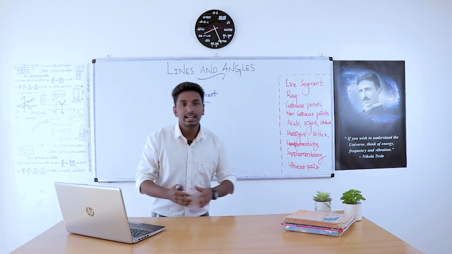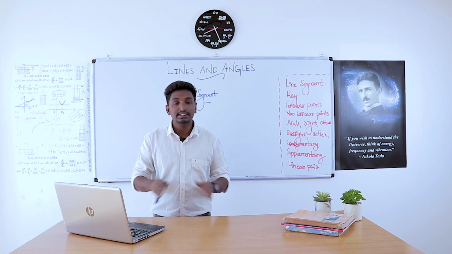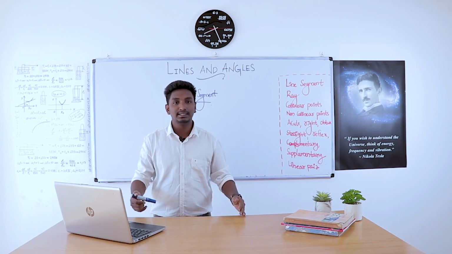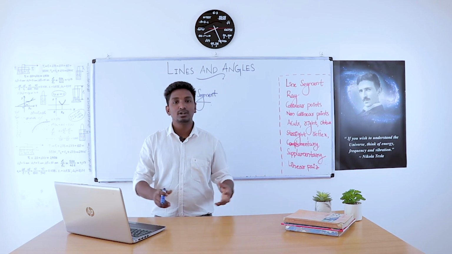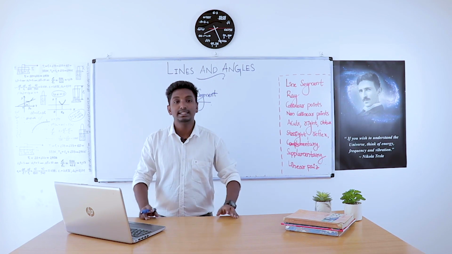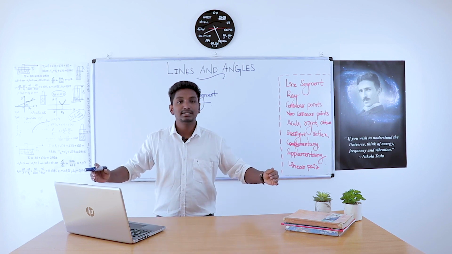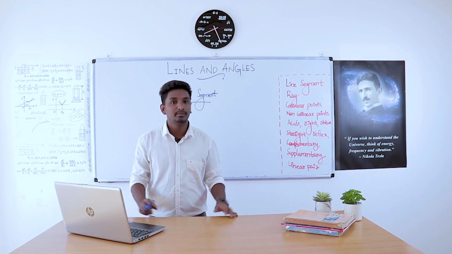You know that a line is a breadthless length of infinite length, which we studied in Euclid's assumptions or Euclid's definitions. A line is a breadthless length which is infinitely long.